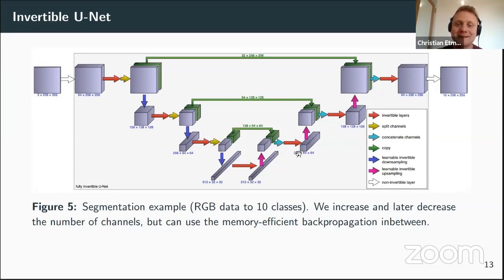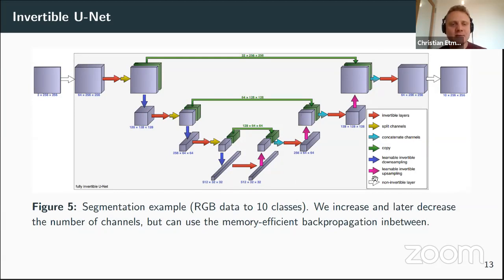In the case of the classical UNet, we were able to concatenate all of the channels with this upsampled branch. But this is not possible if you want to make this fully invertible, because the overall dimensionality may not change at any point. And this is how you can construct a fully invertible UNet, which is contained in this box.